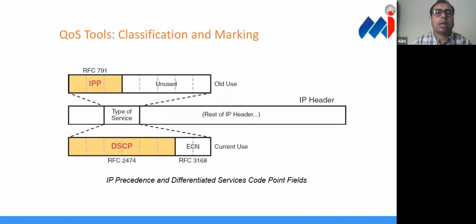So what is the header? I already showed you, or you know, that in the header there are different fields. Say source address, destination address, and there is type of service. So one field relevant for discussion is type of service in the IP header. In type of service there are 8 bits.